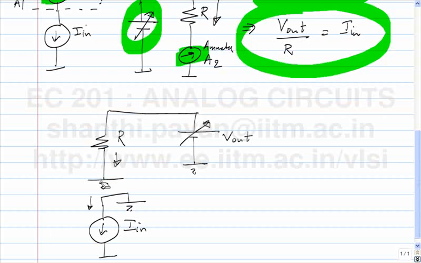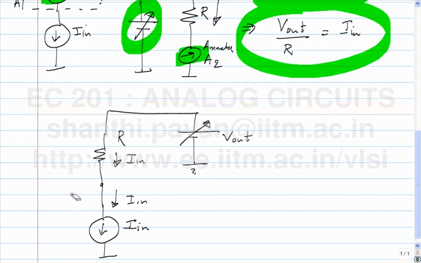Okay? In that case, it doesn't make a difference if I have it like this or if I did this. You understand? If V out by R was exactly equal to In, this current is In, this current is In, this current is In. Okay? So this potential has to be 0.